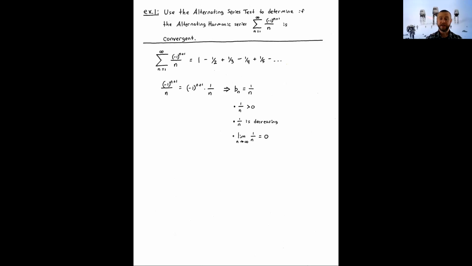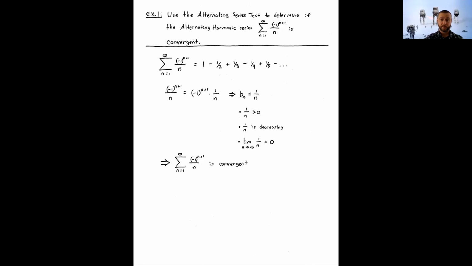So 1 over n is decreasing. And the limit as n approaches infinity of 1 over n is 0. So all 3 conditions for the alternating series test are met, and the conclusion we reach is that this alternating series, the alternating harmonic series, is convergent.